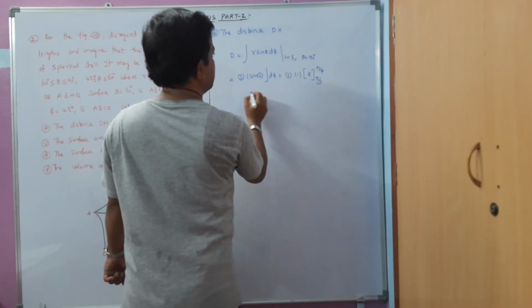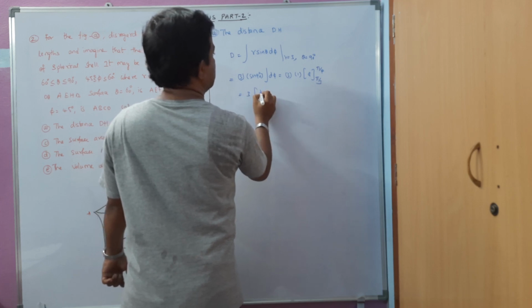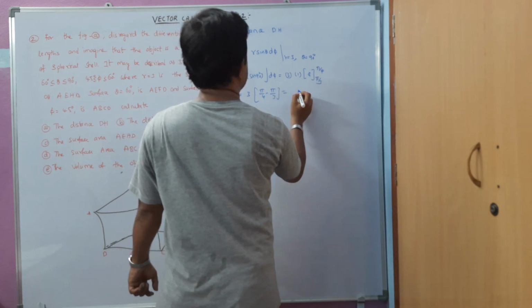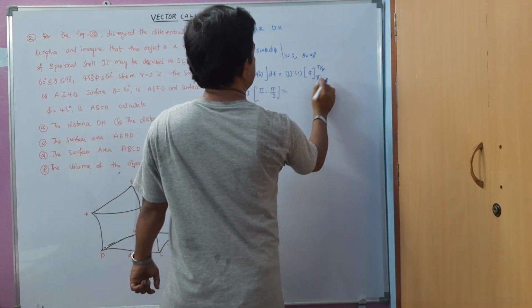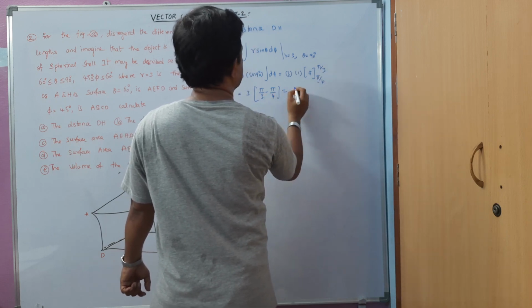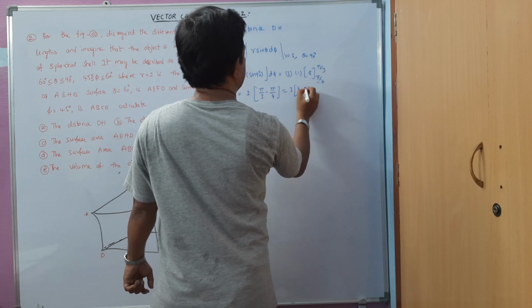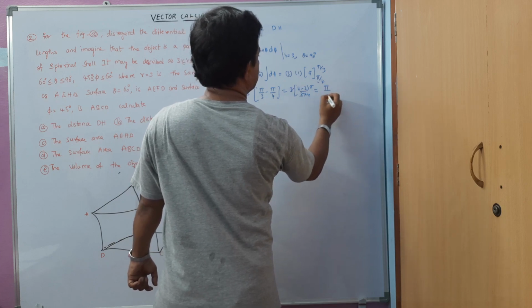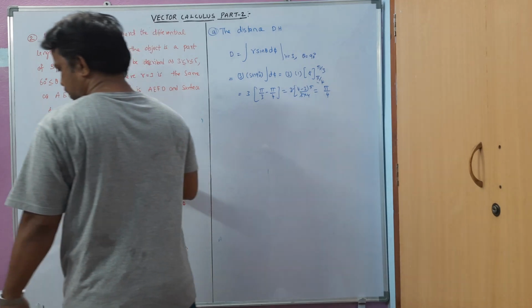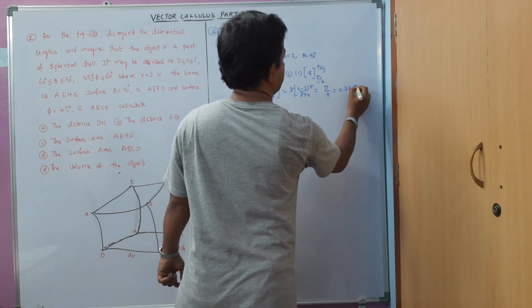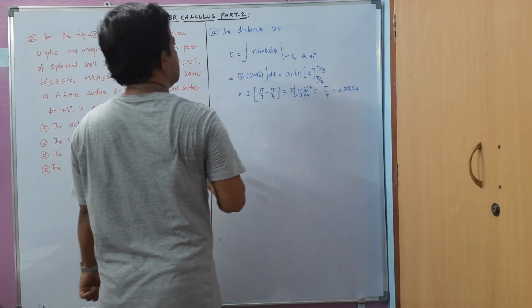So it will give me 3 into (pi by 3 minus pi by 4), which gives pi by 4. This is 0.7854. That is the answer for this dh.